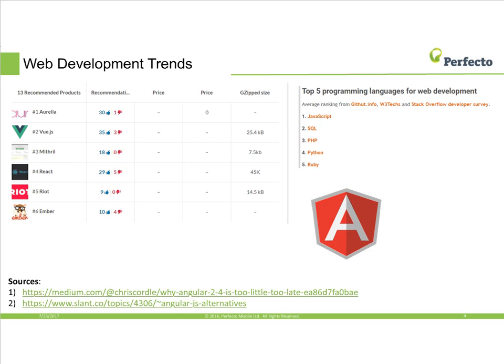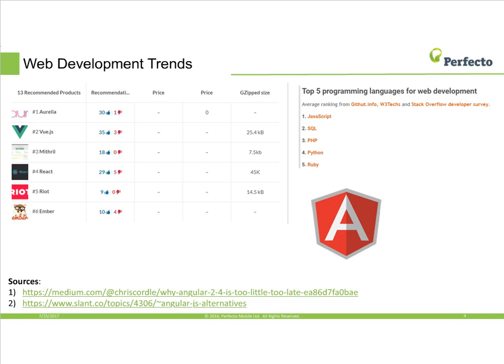If you look today at web development trends, and Wim, keep me honest, you are actively exploring these technologies, we are seeing JavaScript as the de facto programming language for the web, with a growing number of web development frameworks.